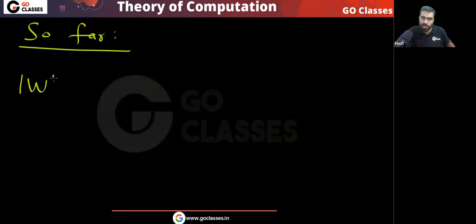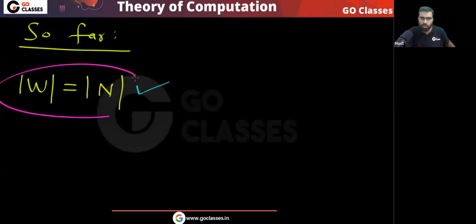Okay. Did you notice one thing about what we have done so far? We have proved that the size of the set of whole numbers is the same as the size of the set of natural numbers. Yes or no? These two sets have the same size.